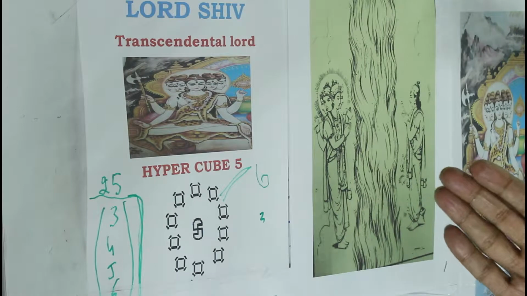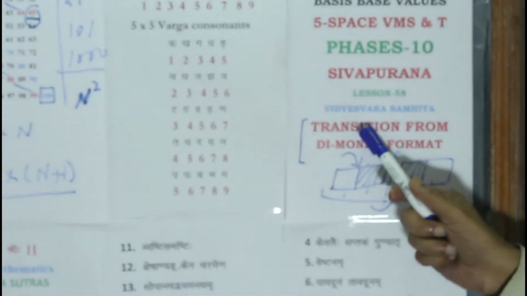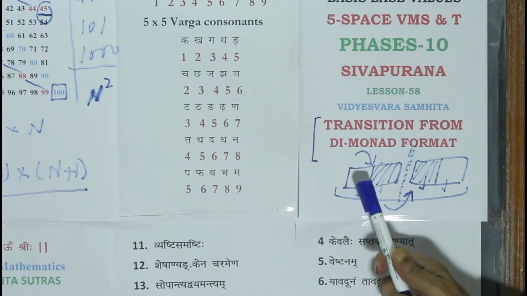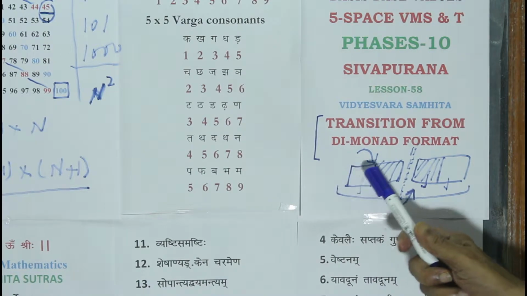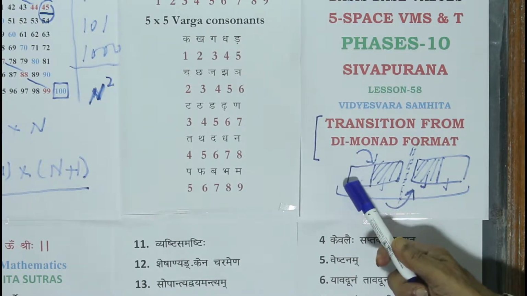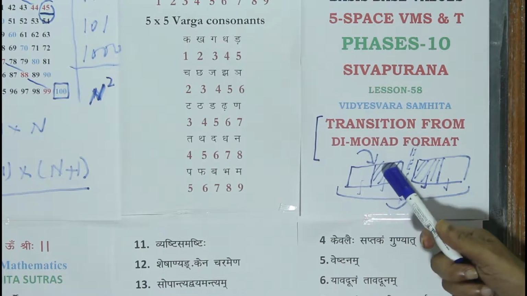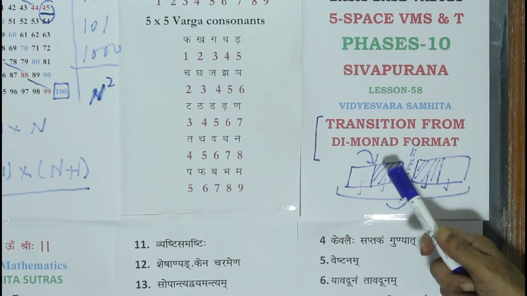Therefore, it is this transition which is being attained successfully by the Vedic system. As such, the transition from diamond format would mean that this pair of components, these pair of monads synthesized as a dimonad, is to transit into a setup which will be of three components.